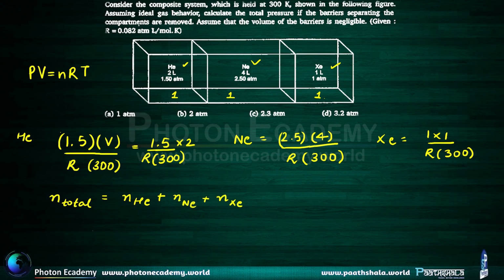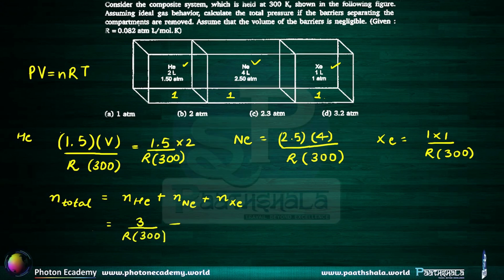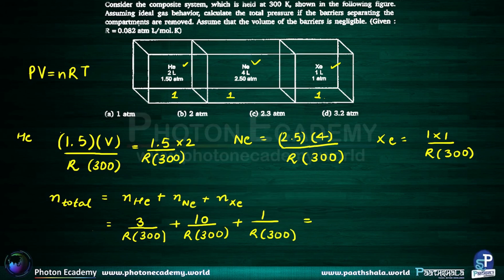So this will be 3 divided by R into 300 plus 2.5 into 4, which is 10, divided by R into 300 plus 1 into 1, which is 1, divided by R into 300. So this comes out to be 14 divided by R into 300. These are the total number of moles.